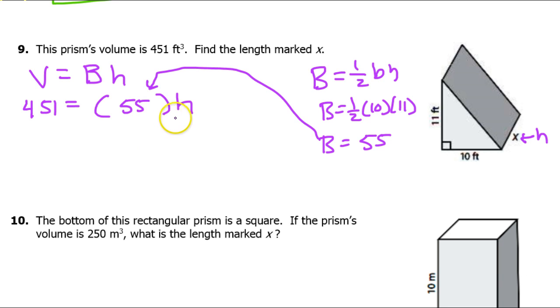Okay, and we're trying to find the height because that's what x is. So of course we're just going to divide by 55 now, because that will get h by itself.